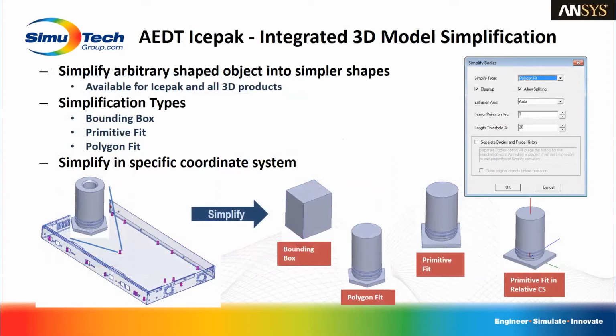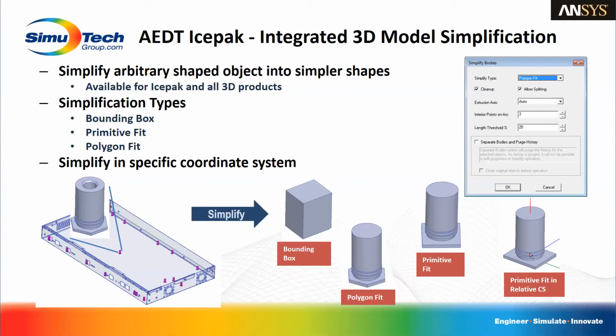One of the things that's been integrated here into Electronics Desktop, into all of the products now, that really came out of Design Modeler and SpaceClaim, was the idea of these simplification routines. If you were going to use CAD and input that into Icepack Classic style, the way to do that would have been to do these simplification routines within SpaceClaim or Design Modeler.